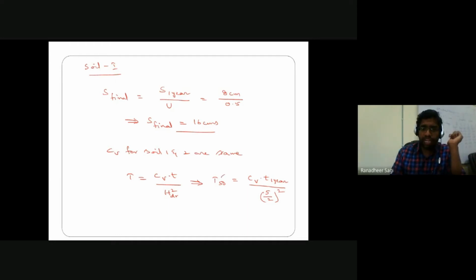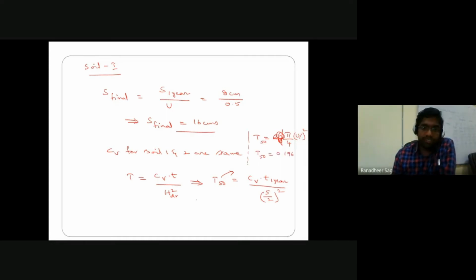And this T50 value, how do we get it? We had the relation between time factor and degree of consolidation. What was that relation? If the degree of consolidation is less than or equal to 60%, what was the expression that we had for estimating the time factor value? 5 by 4 into percentage whole square, right? The degree of consolidation in the problem is given as 50%, so I can substitute it as 50 by 100, or simply 0.5.